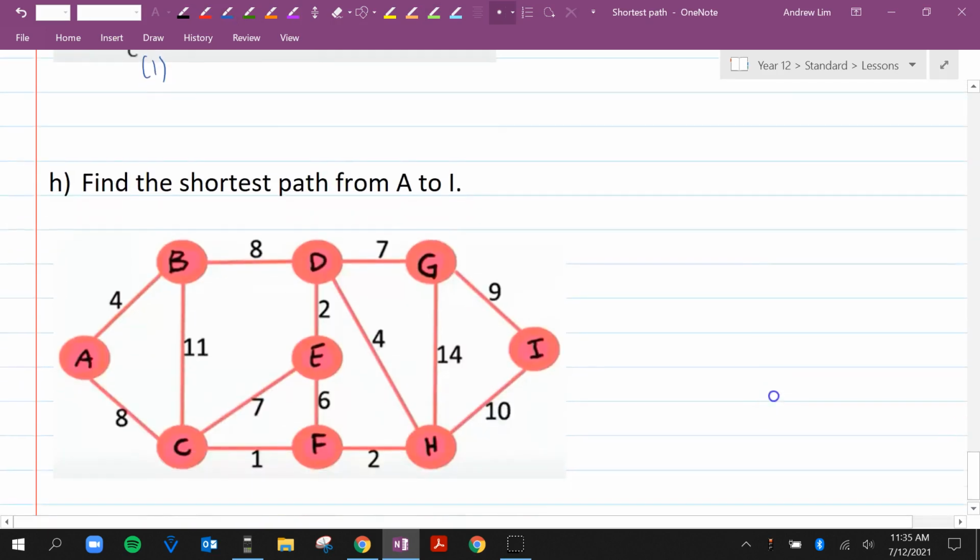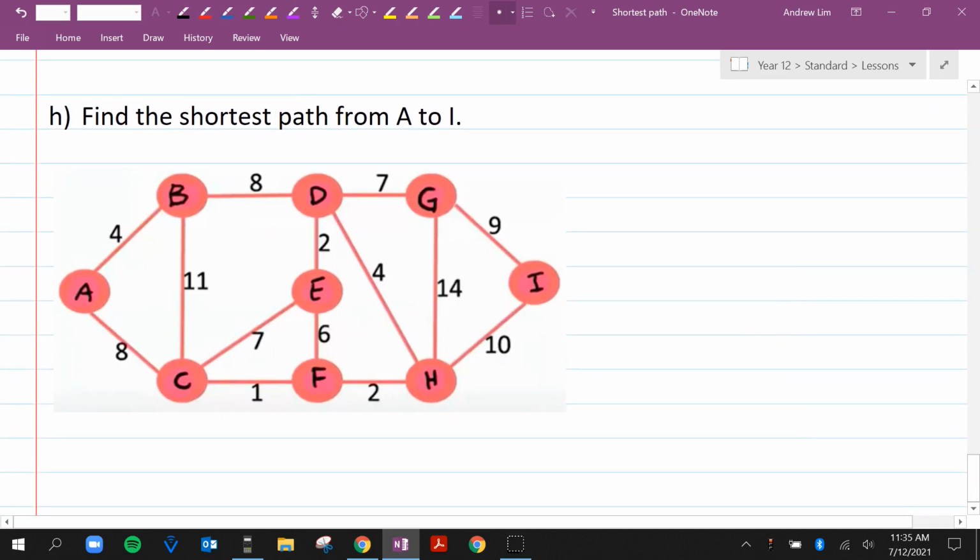Okay, last one. Pause the video and have a go with this one. Okay, we know A is 0. B is going to be 4. C is going to be 8. F is going to be 9.